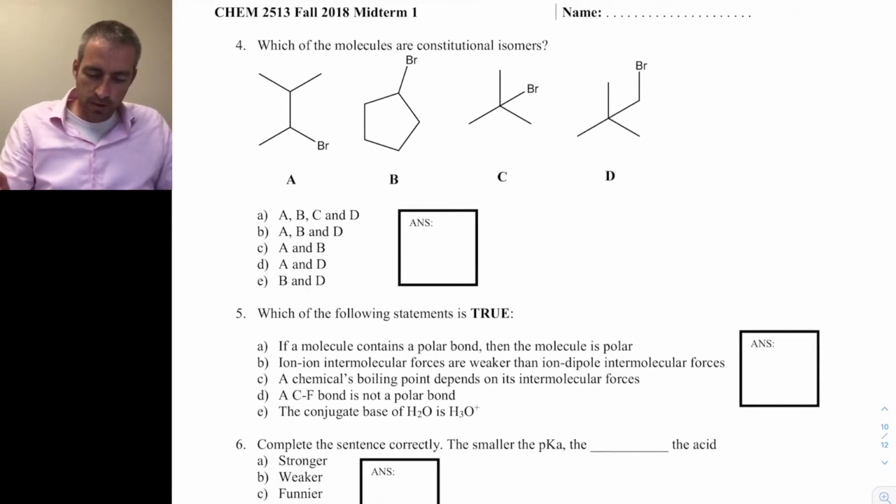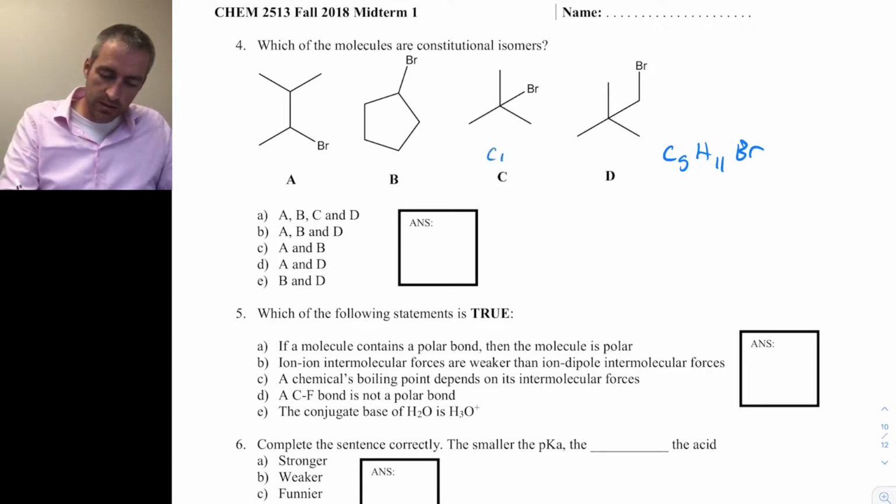Which of the following molecules are constitutional isomers? So what you can do here is come up with the chemical formula for each. This has 1, 2, 3, 4, 5, C5, H 3, 6, 9, 10, 11, Br. This one is C4, H 3, 6, 9, Br.